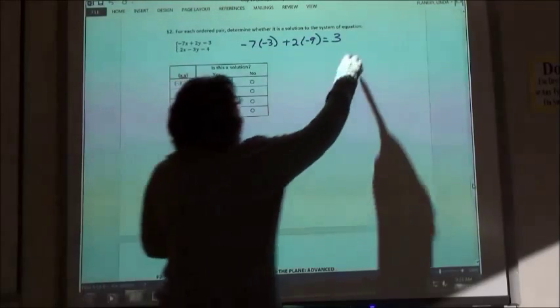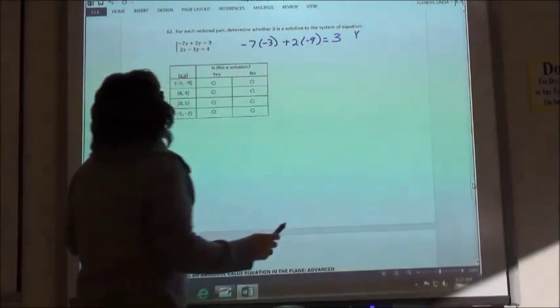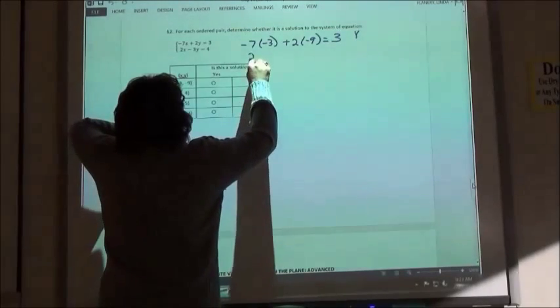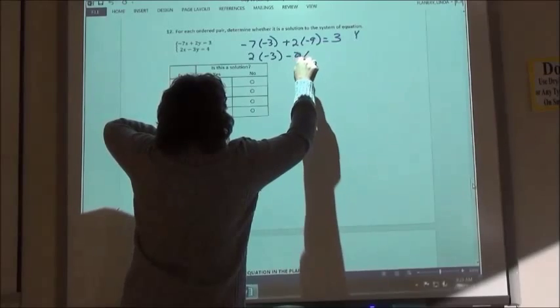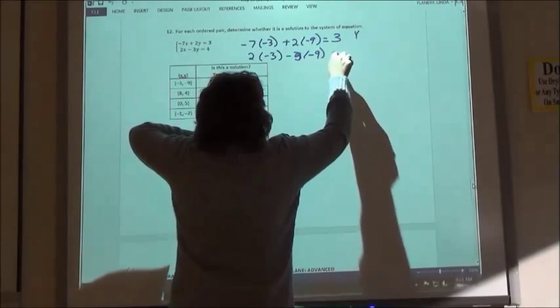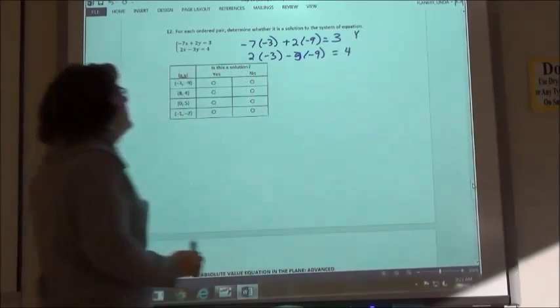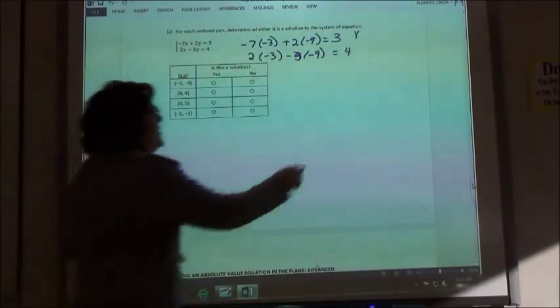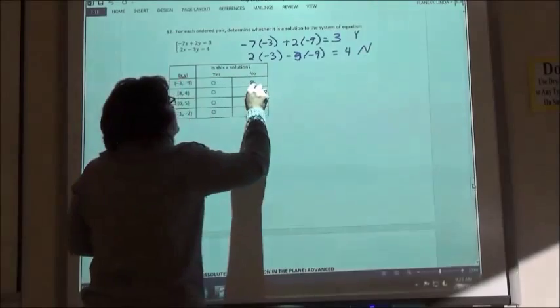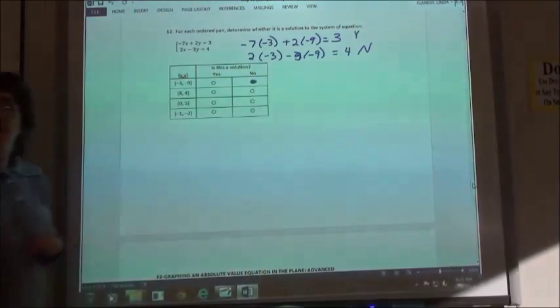So since it worked on the first one, now I've got to check the second one. So the second one says take 2 times negative 3 minus 3 times negative 9 to see if it equals 4 or not. No, it doesn't. Since I got a no on one of them, it's going to be no for the whole thing.